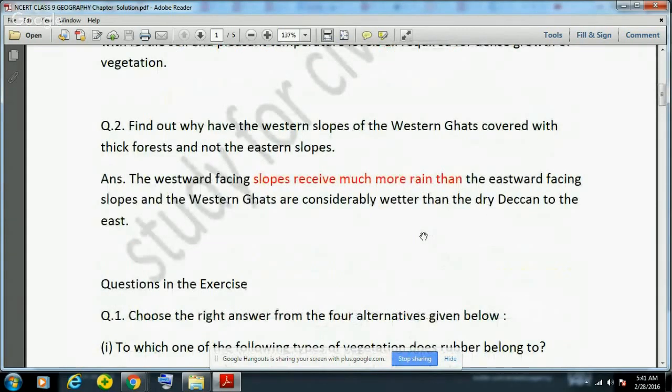Then the second question is why the western slopes of the Western Ghats are covered with thick forest. The simple reason is that westward facing slopes receive much more rainfall than the eastward facing slopes, and that is why the Western Ghats are considerably wetter than the dry Deccan to the east.